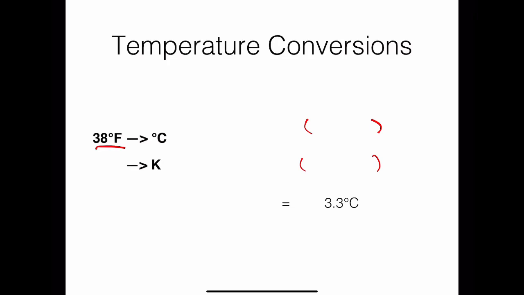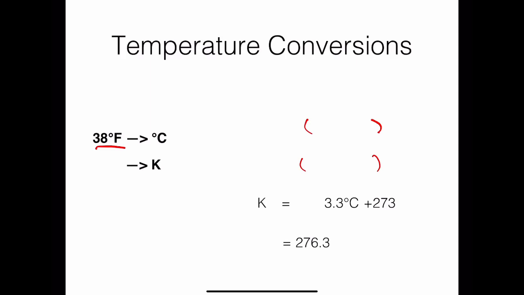Now, if I want to go one step further and I want to convert this Celsius temperature to Kelvin, I can just apply what I know about changing Celsius to Kelvin, which means we just add 273. So I'm going to take that temperature I just calculated, 3.3 degrees Celsius, and I'm going to add 273 to turn that value into Kelvin. And that means I get 276.3.